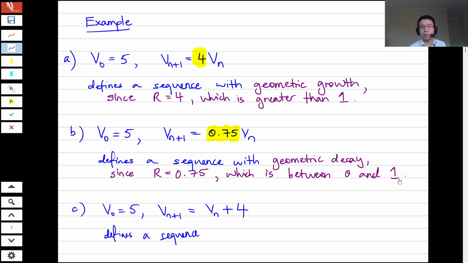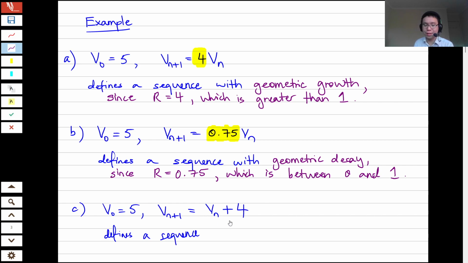And finally, I'd like you to consider the third sequence defined by the recurrence relation v0 equals 5 and vn plus 1 equals vn plus 4. This one, it's actually not a geometric sequence. It's an arithmetic sequence. So when you do question 1 from the textbook, it's going to ask, does the sequence have geometric growth, geometric decay, or neither?